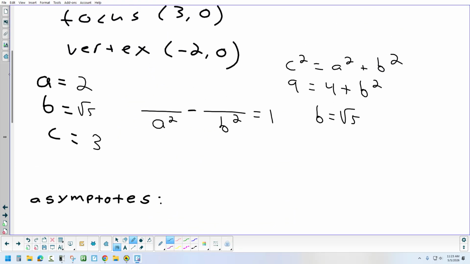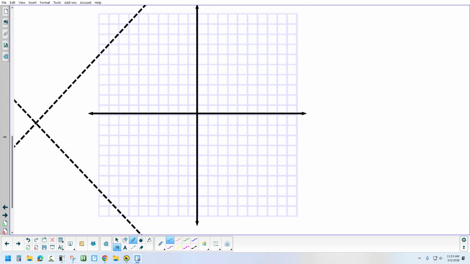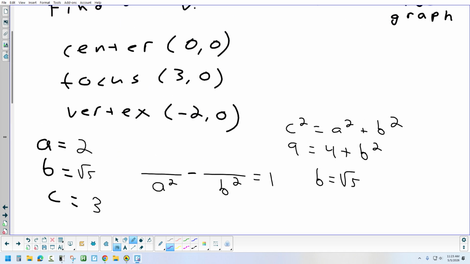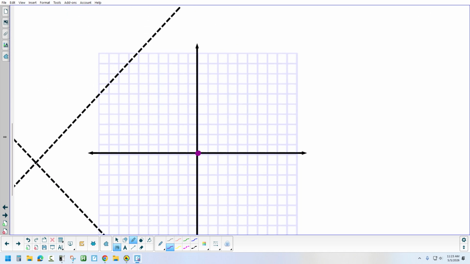So the center is 0, 0. You have a focus at 3, 0. Where would the other focus be if we had one at 3, 0? Yep. Negative 3, 0. Got to have one symmetrically. So there's your other focus.